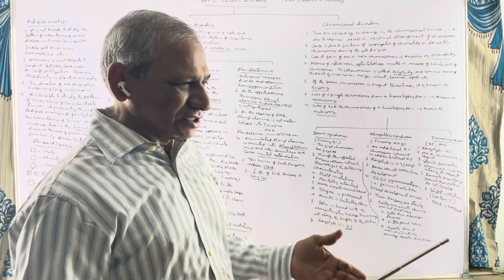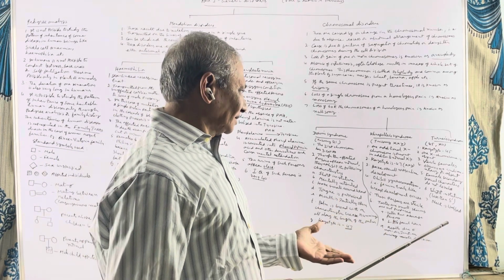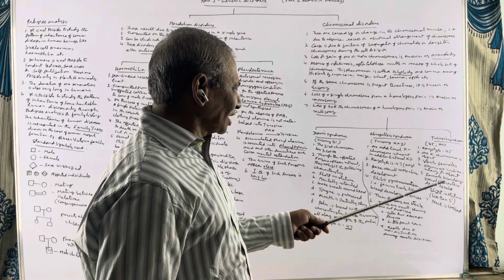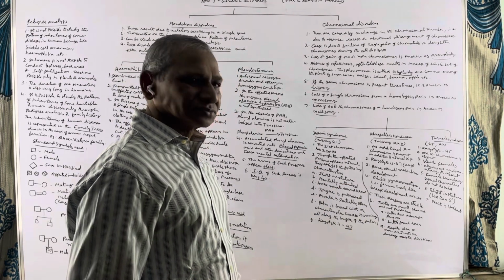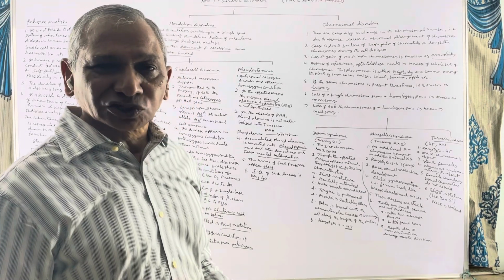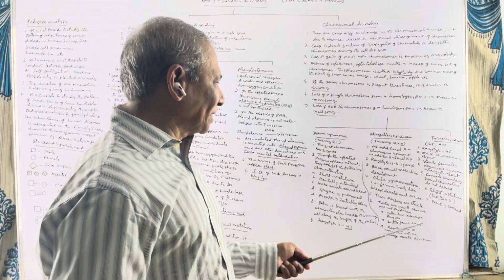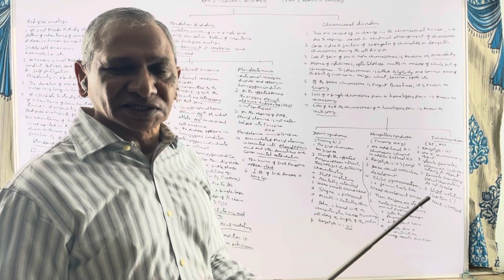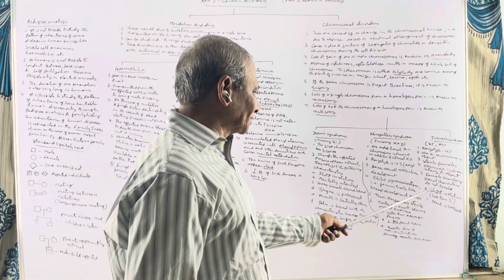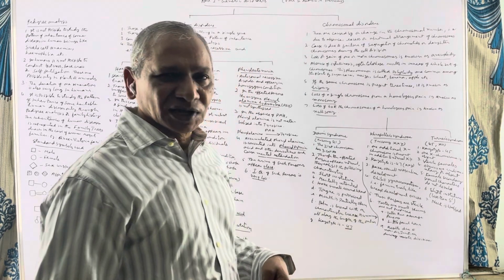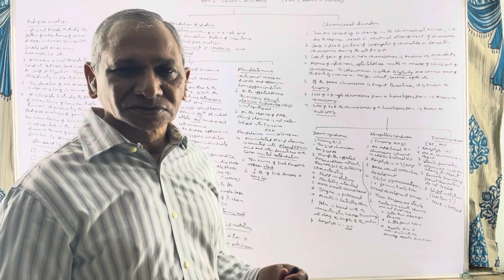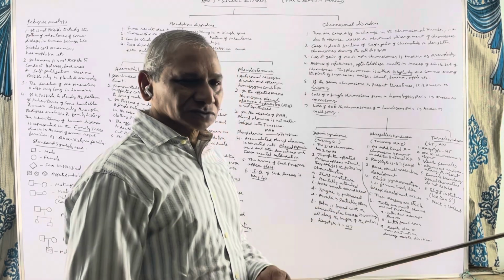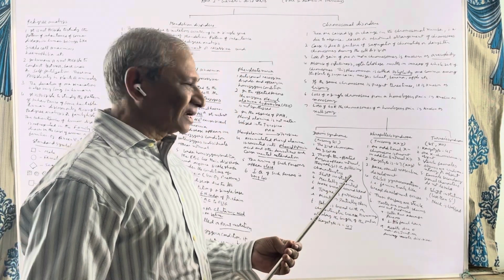Their ovaries are absent, and they fail to produce ova. They are also short in stature. The secondary sexual traits fail to appear. That means female secondary sexual characters do not appear in these persons. They have a webbed neck, and these persons are sterile. So that is about Turner syndrome.